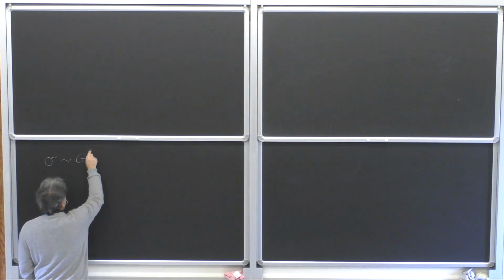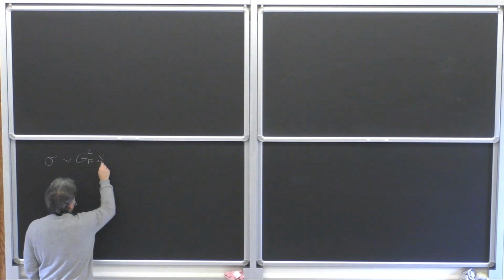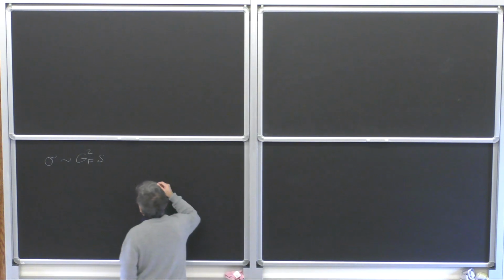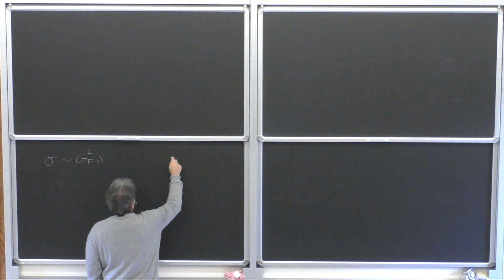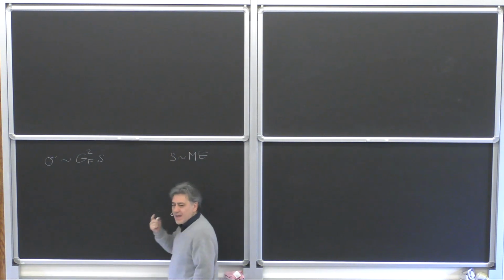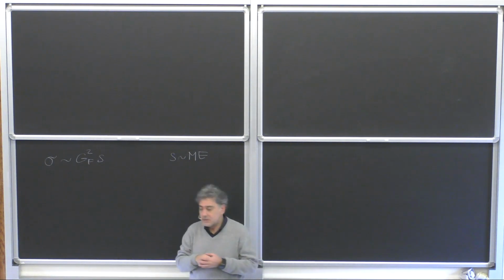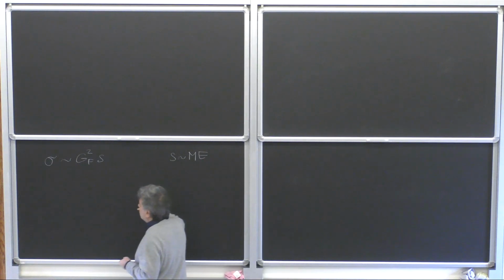We have seen that the cross-section on dimensional grounds must be proportional to the square of the Fermi constant and to the mass squared in the center of mass frame, and S is of the order of ME. M is the mass of the target particle, and E the neutrino energy.